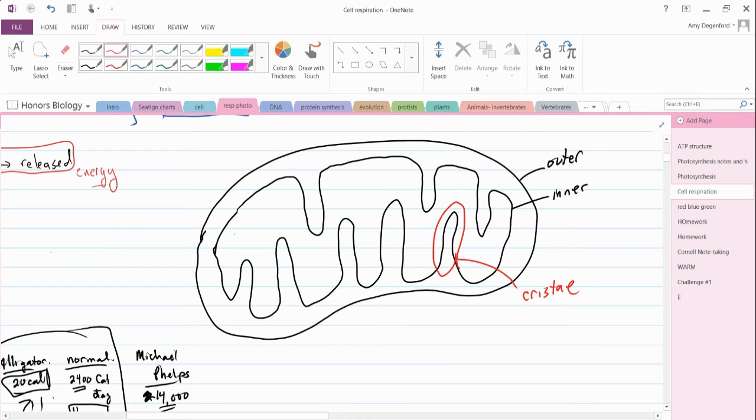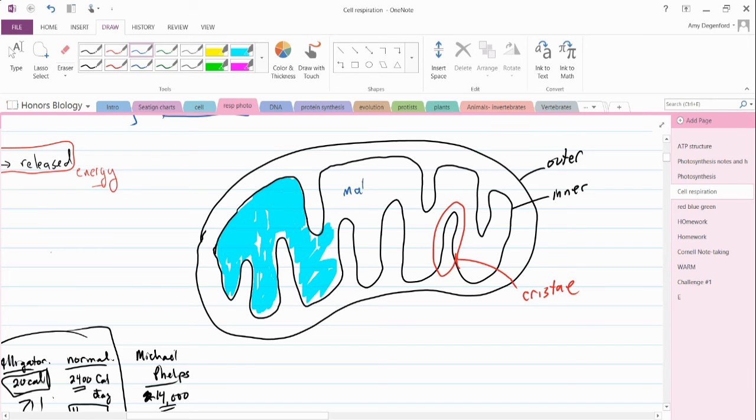So what else is there? Well, one last thing. Let me go ahead and highlight it for you. All of the inside of this. Now, if you're taking notes, this might take a little bit of time, so you can do this later if you want. Just kind of indicate this, but it is really helpful to have that image. So all of this inside of the mitochondria, this is called the matrix.